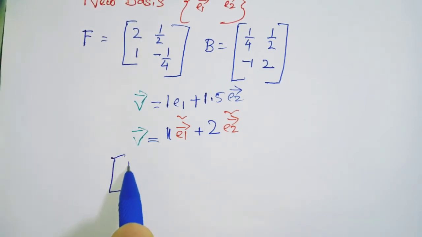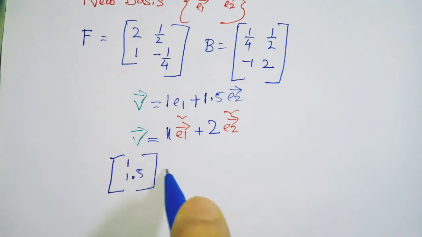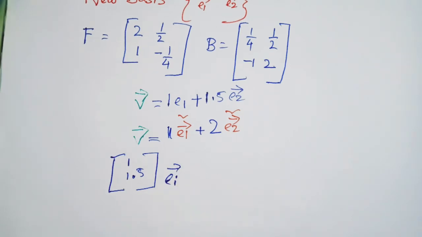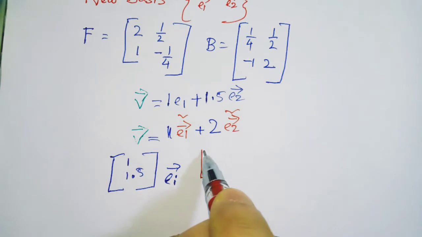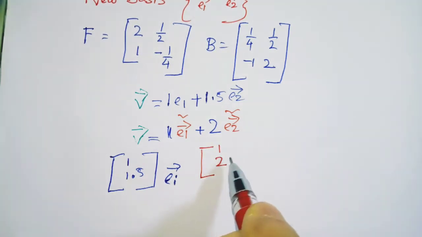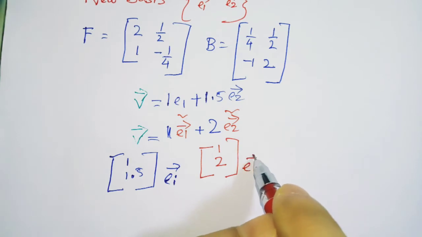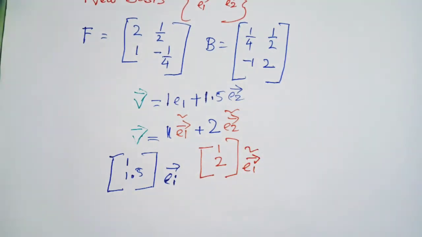This would be 1, 1.5, and I will put E_i for the old basis. And I will also put 1, 2, and this I will put as E_i tilde, right? So these are the new parts. In this way we can write.